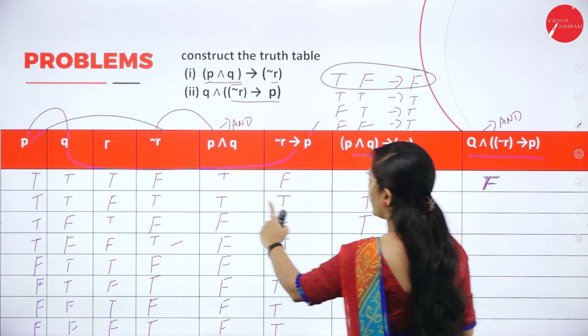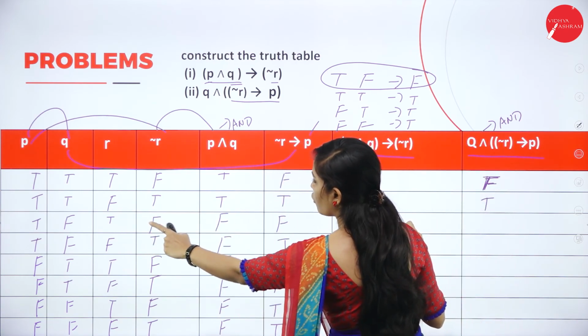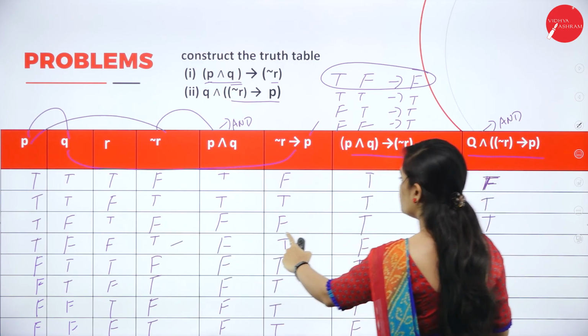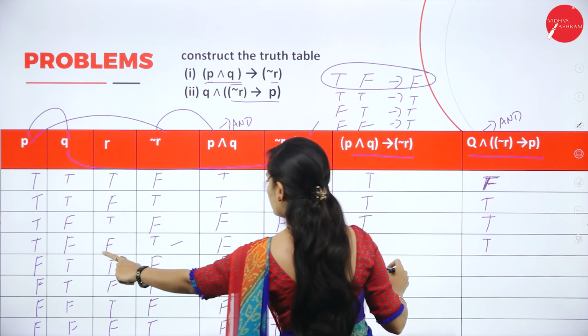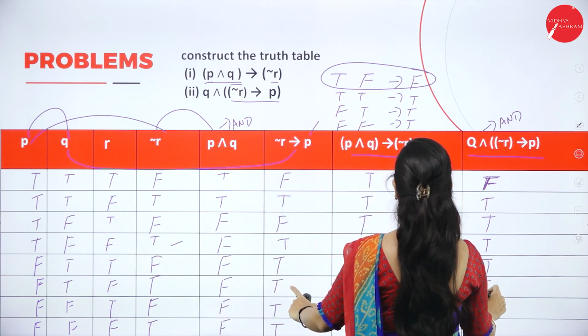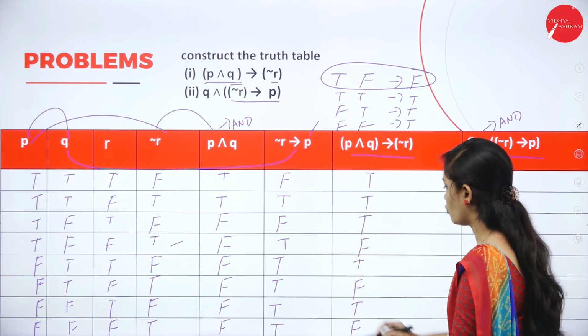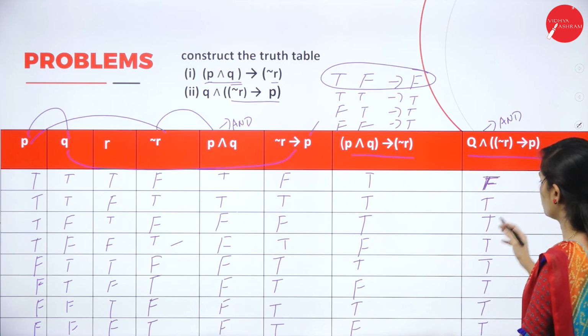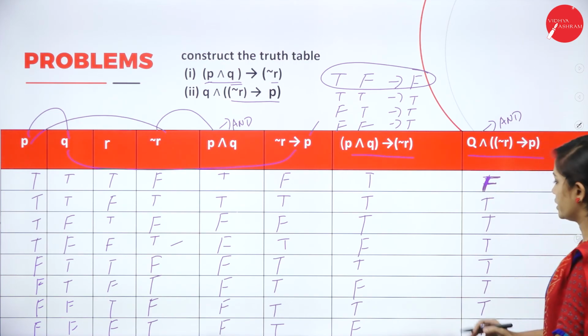And true and true, true. False and false, it is true. False and true, it is true. True, true, true, true, true, true. False, true, it is true. And false, true is true. So except for the first one, all the conditions are true.